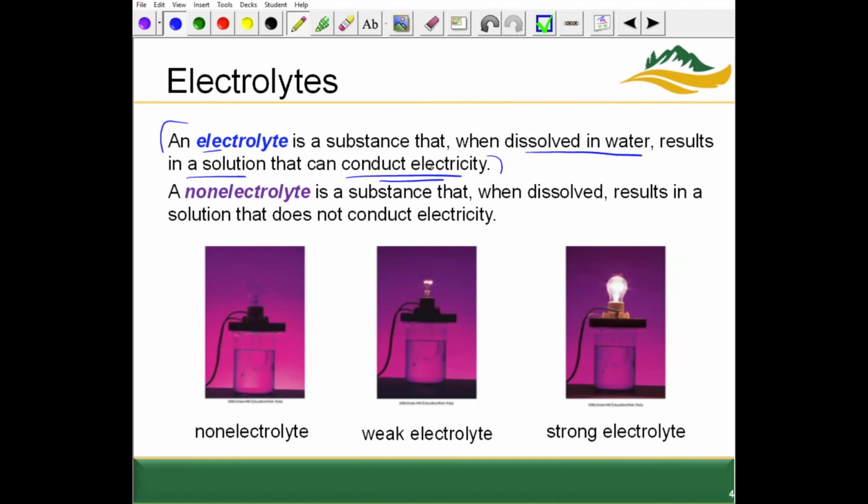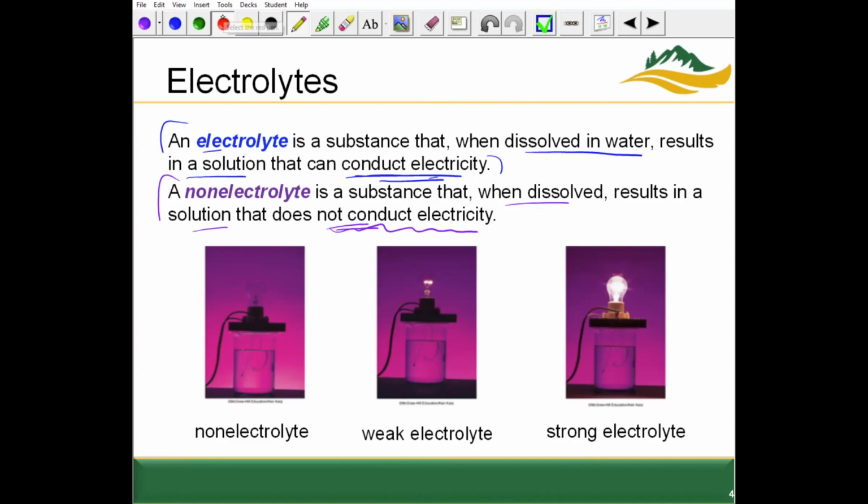Whereas a non-electrolyte is a substance that when dissolved results in a solution that does not conduct electricity. These are the technical definitions, and then we're going to go into what this means. What's causing that electricity to be conducted? We'll get to that on the next slide.